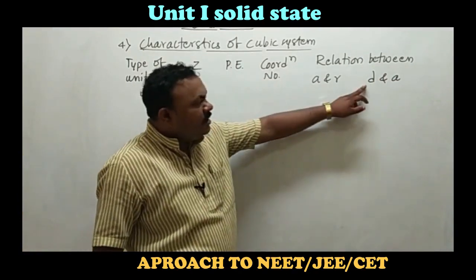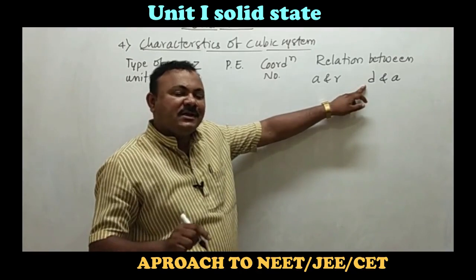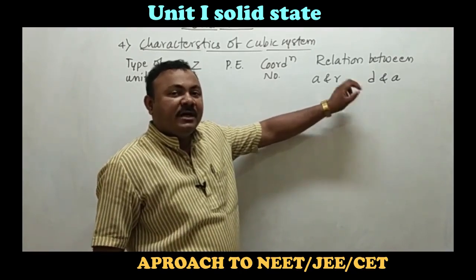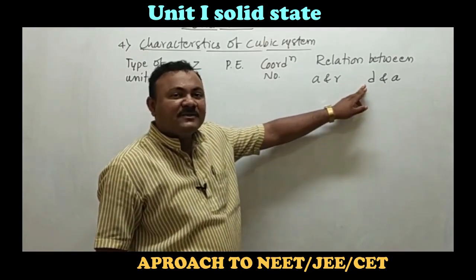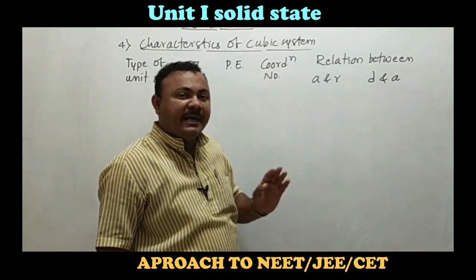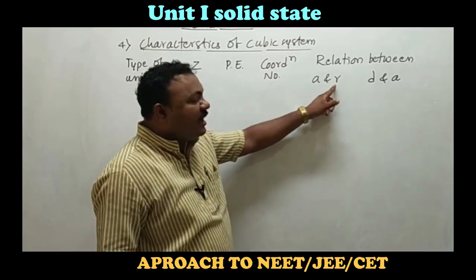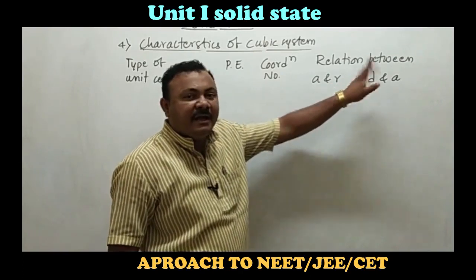Now this d is not the density of the solid. d corresponds to distance between the neighboring atoms or the particles. And we call it nearest neighboring distance. So what the d corresponds to here? d corresponds to nearest neighboring distance, distance between the two neighboring atoms or the particles. And remember, if you know the relation between a and R, easily you can give the relation between d and a.